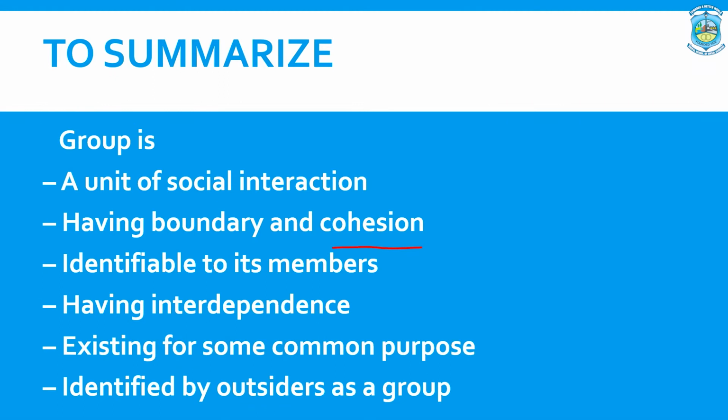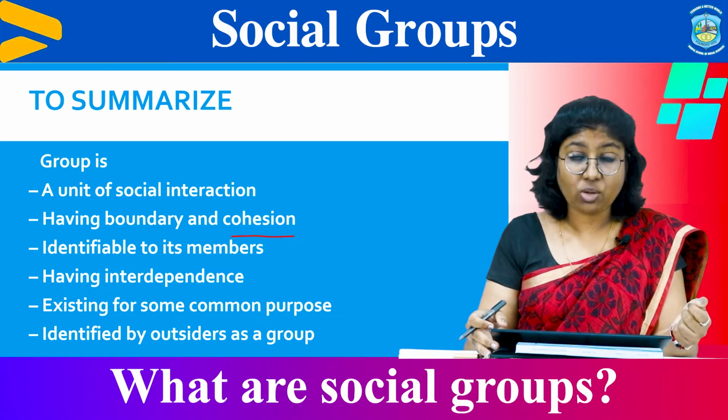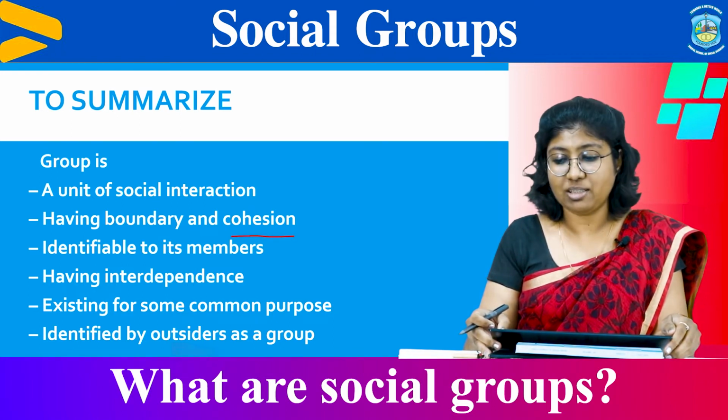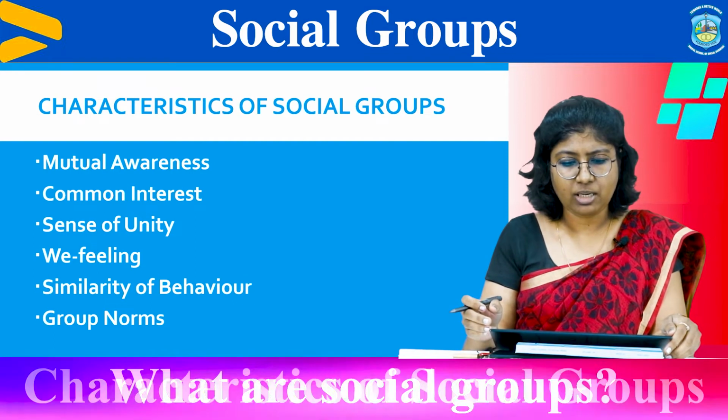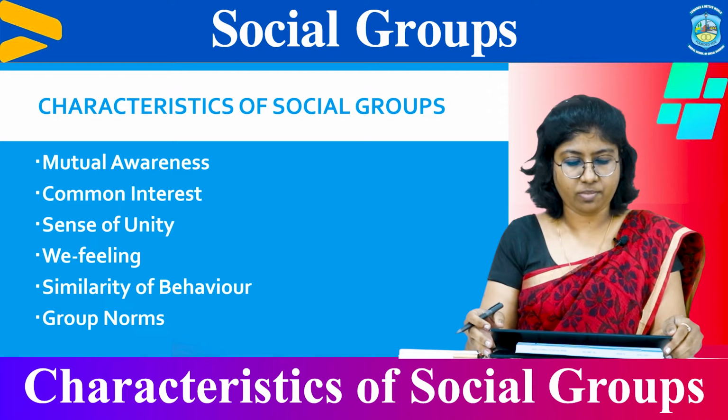There is an interdependence between the members and they are existing together for some common purpose. Not just themselves, but then others outside are also able to identify them as a group. So let's move on with the characteristics of social groups.